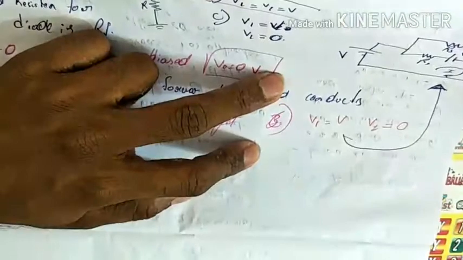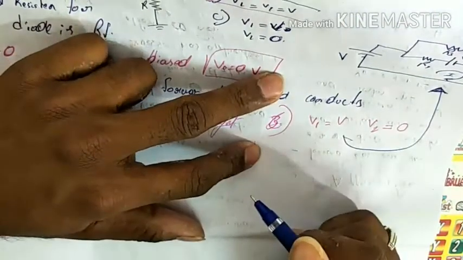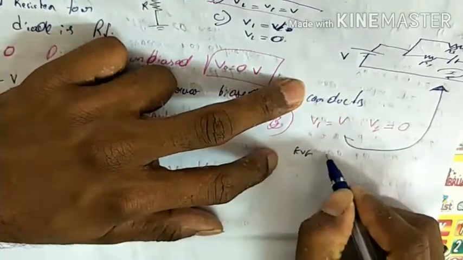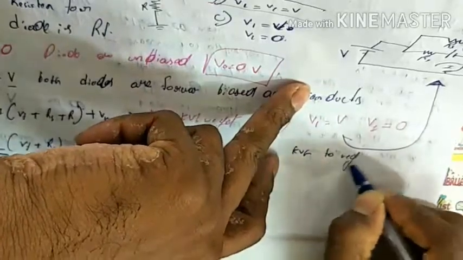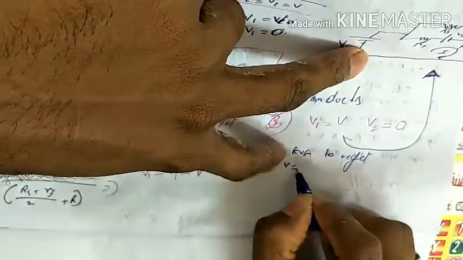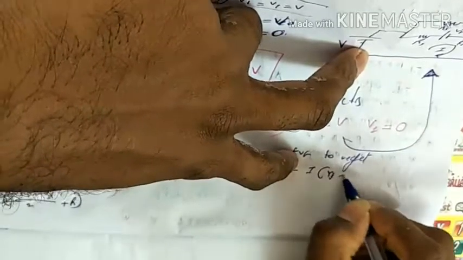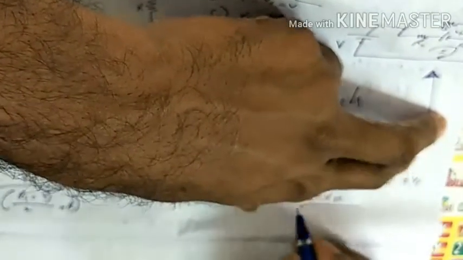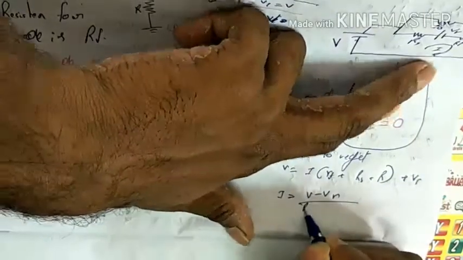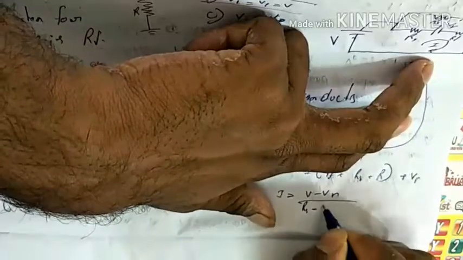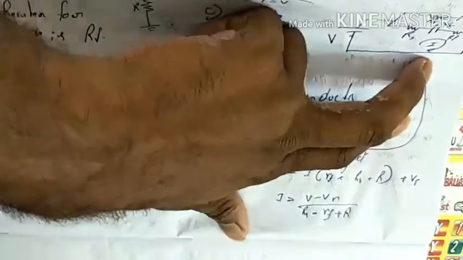Applying KVL we get the same one: V equals I times (RF plus RS plus R) plus VR, and I equals (V minus VR) divided by (RS plus RF plus R).